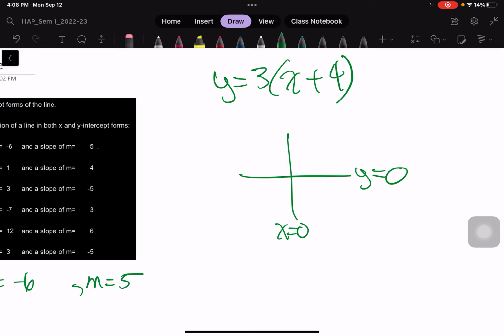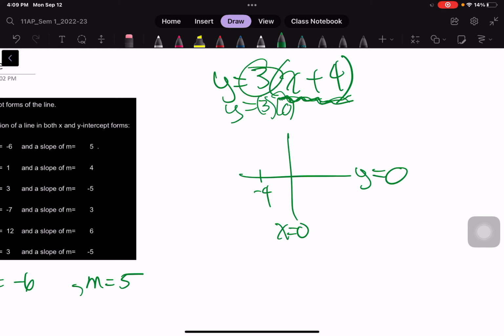So if I look at this particular question, there's something I can see right away that's really easy to make 0, and that's x plus 4. So if x plus 4 is 0, I know x is negative 4. And if x is negative 4, I end up with 3 times 0, and so in that case, y would be 0. So if x is negative 4, y would be 0.